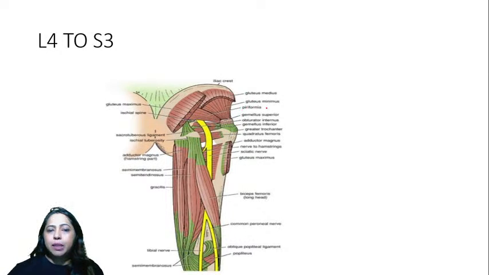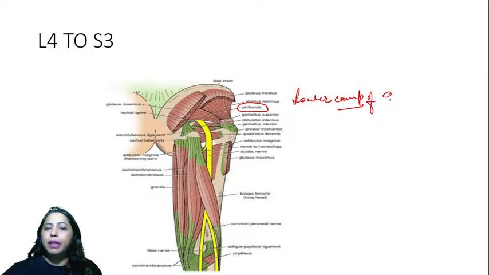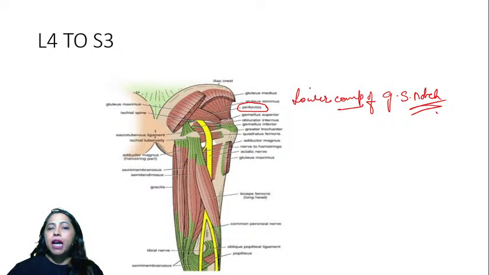The sciatic nerve is passing in the lower compartment of the greater sciatic notch, which is divided into a lower and an upper compartment. I told you that which nerve passes along with it in the lower compartment is important: the sciatic along with the inferior gluteal nerve.